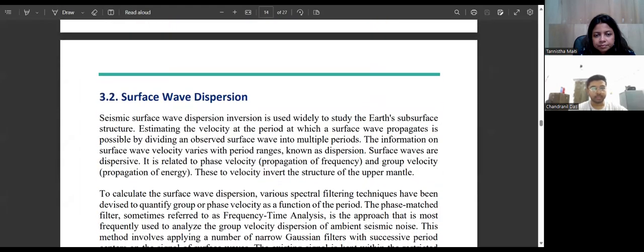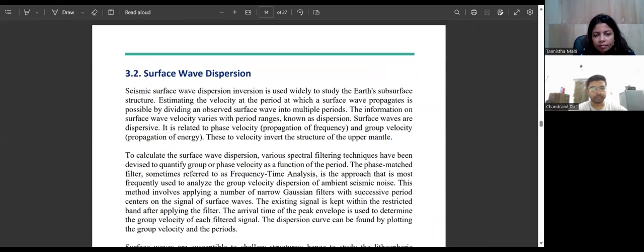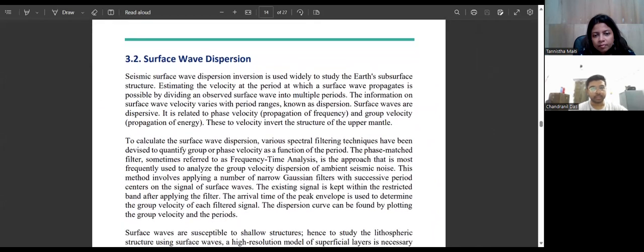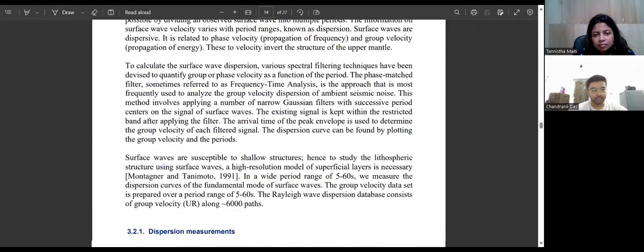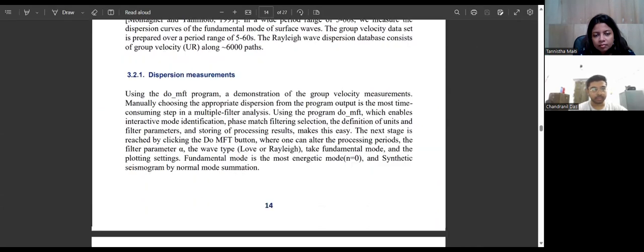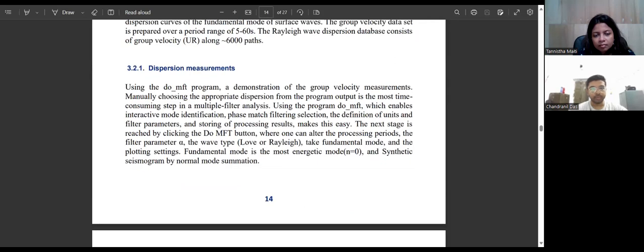Next, ma'am, the seismic wave dispersion was there, in which the inversion was done at a later stage. Before that, I would like to show this one, the 2MFT program. So what does it do?